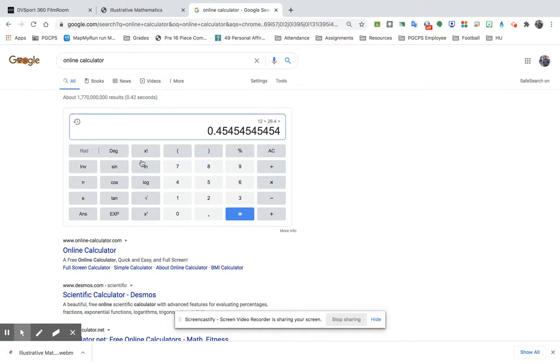So if I hit sine inverse of our ratio, 23.5 divided by 26.4, hit enter, I'm going to get 62.9 rounded to the nearest tenth.